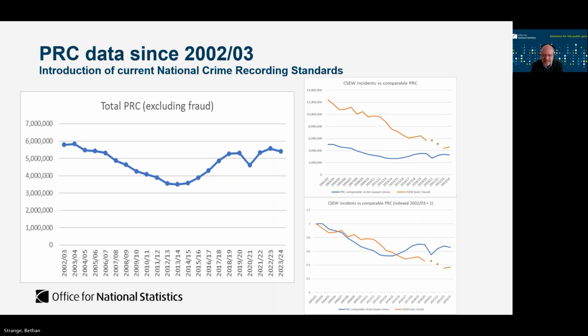So the blue line is police recorded crime over time. The orange line is the crime survey. So there was a gap developing back around the mid 2000s to the mid 2010s. That was what drove investigations into police recording. And then you can see the pickup and the improvements in police recording of crime since then. Next slide, please.